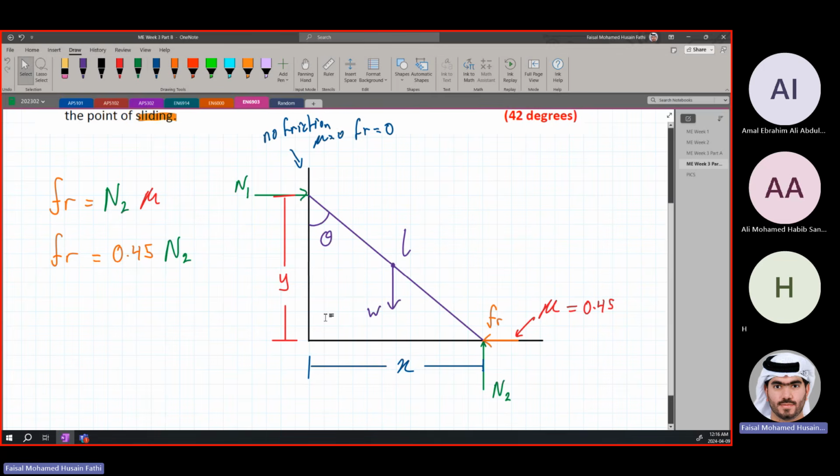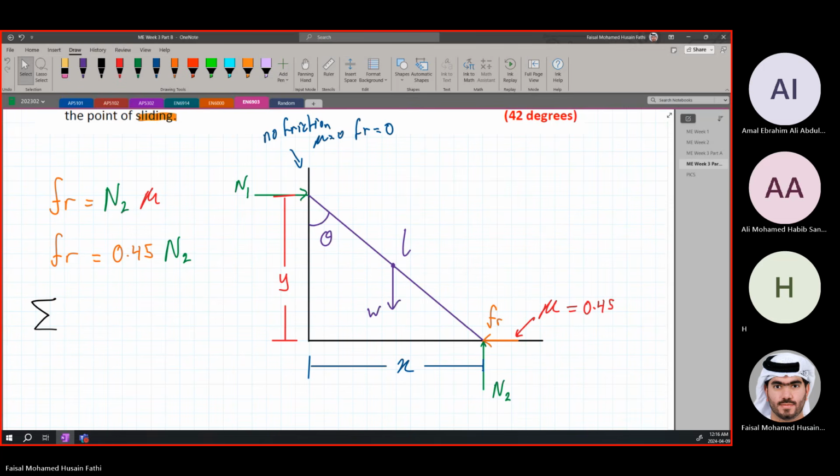We don't have the value of N2, but we will try to figure it out later. N2 is going to help us calculate the friction force. And now we can do our sigma Fx and sigma Fy to simplify the forces that we have a little bit.